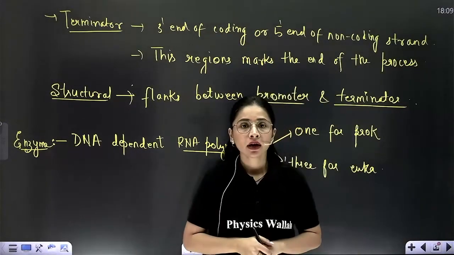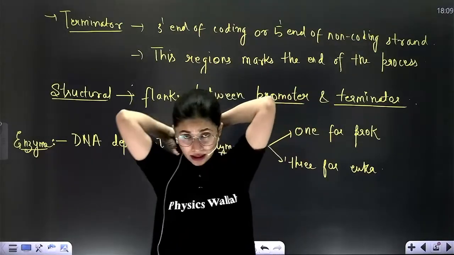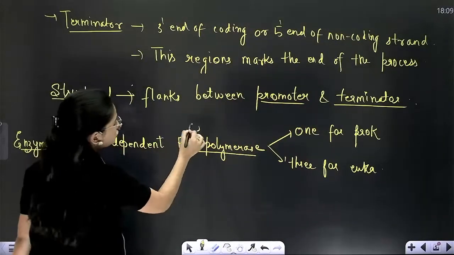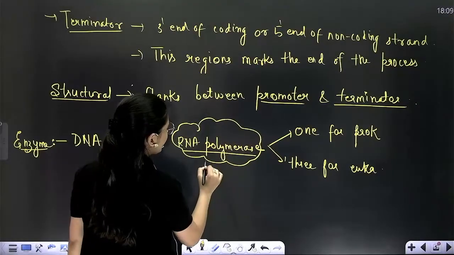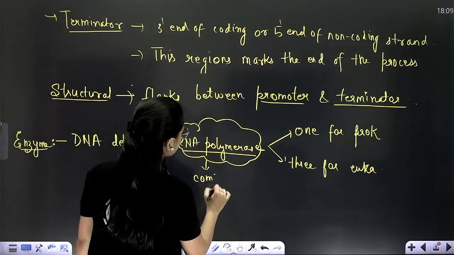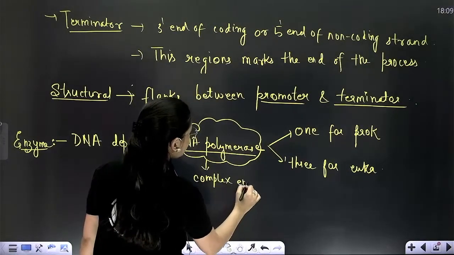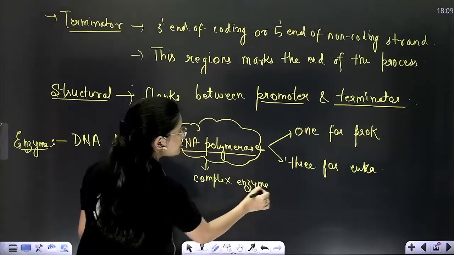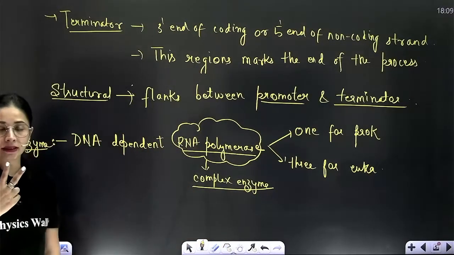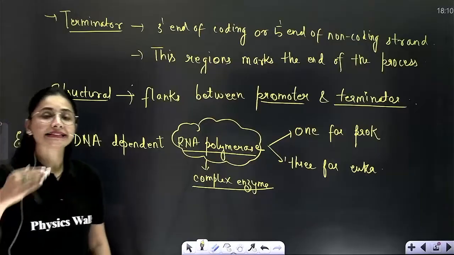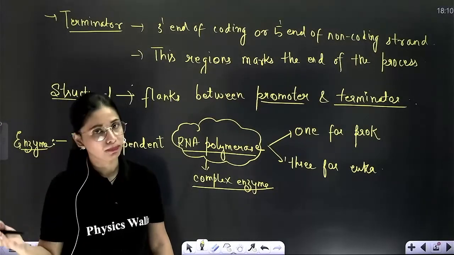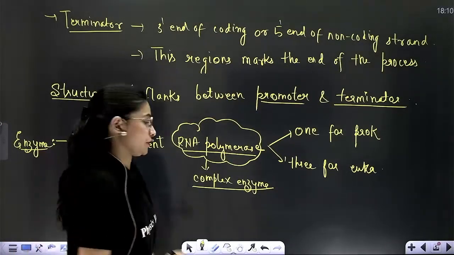Clear? Whatever be the number, if I talk about the structure of this special enzyme, it is a complex enzyme. Complex means that this enzyme is made up of 2 components. Each component has its own specific role to play during transcription.